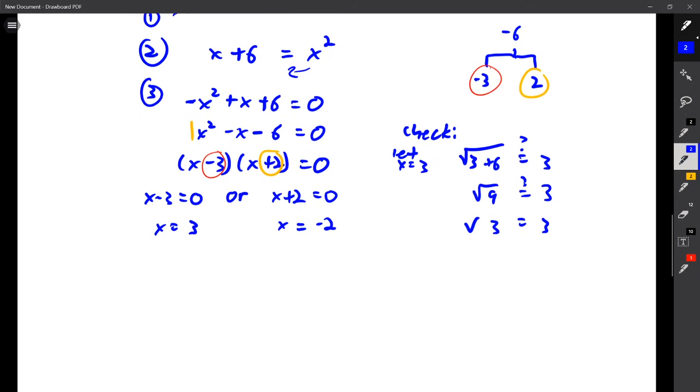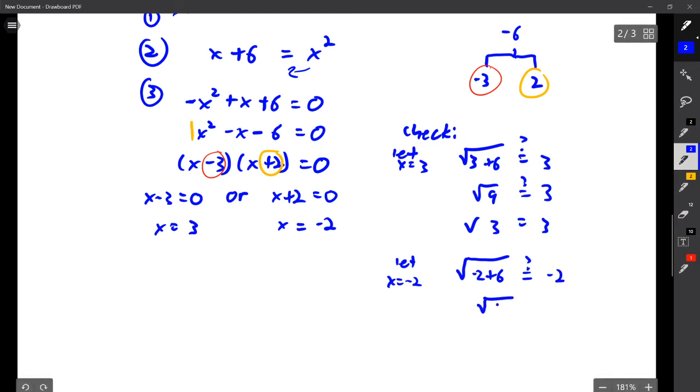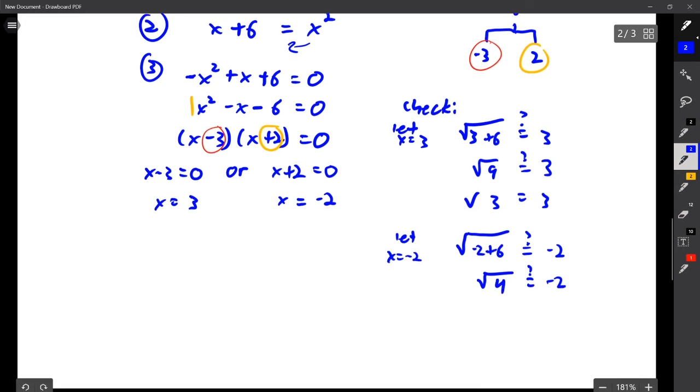Now let's check our other answer, x equals negative 2. So let x equal negative 2. So now I'm saying this is the square root of negative 2 plus 6. Does that equal negative 2? Well, let's see. This is square root of 4. Does that equal negative 2? Well, the square root of 4 is 2, and 2 does not equal negative 2.